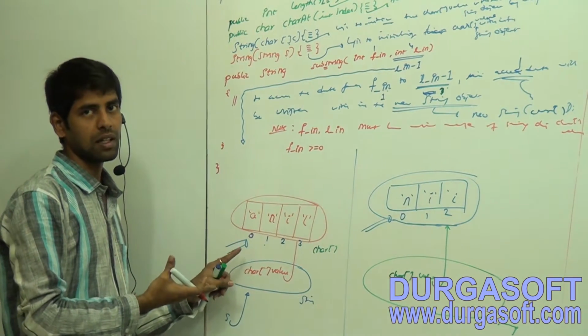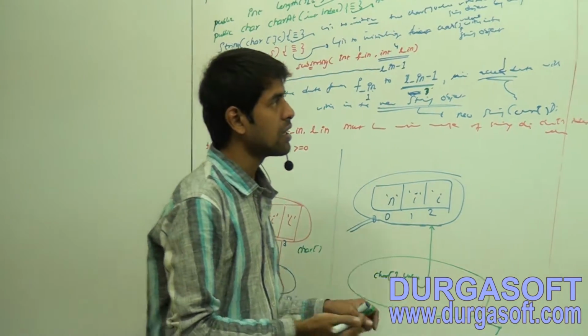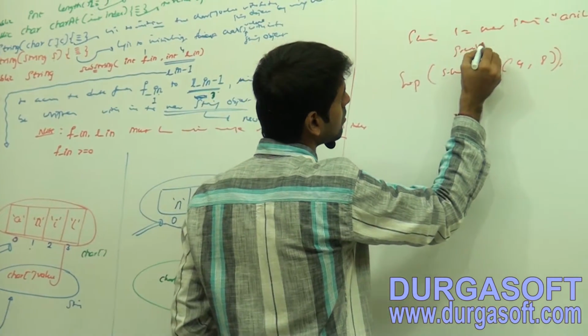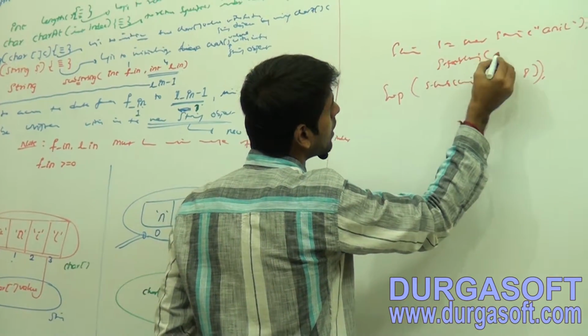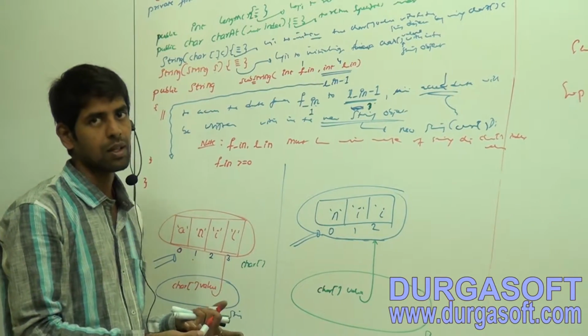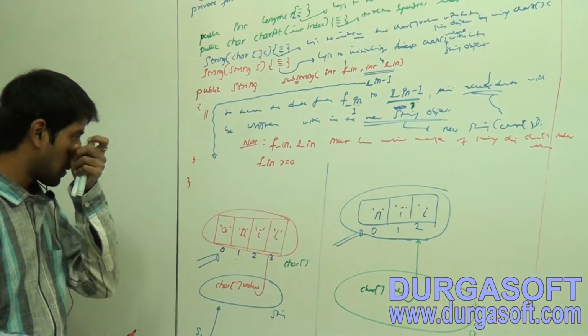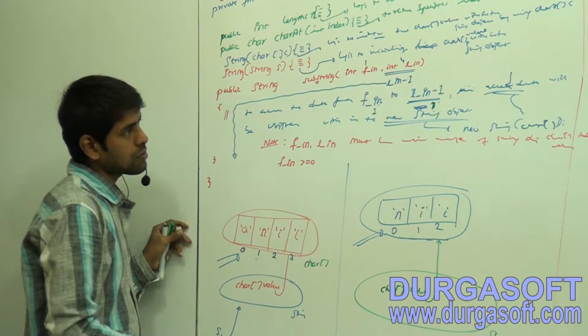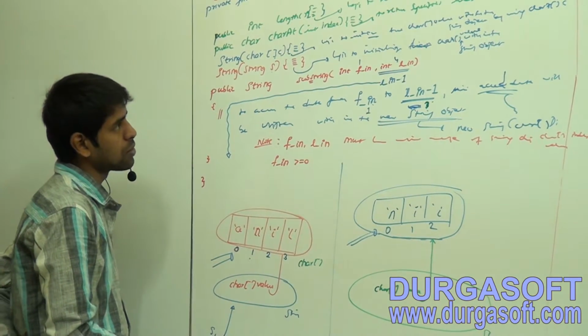Yes, it can be greater than or equal to 0. That's why in our earlier case, s dot substring of, what I have passed, 1 comma 4. Okay, now observe here.